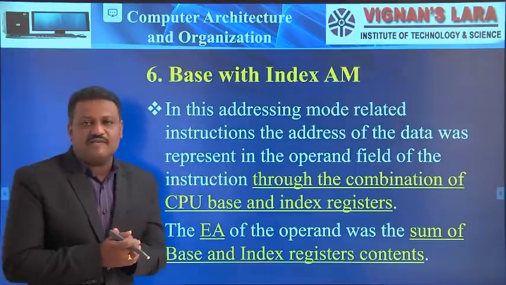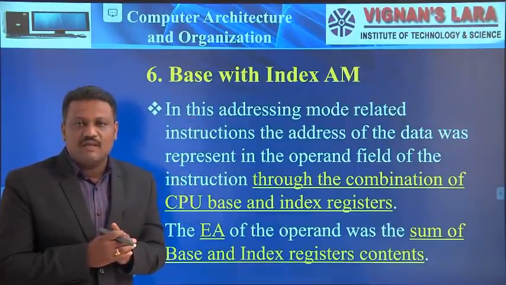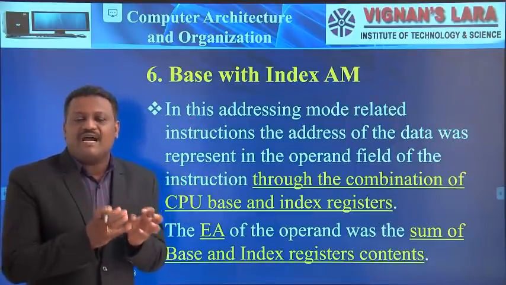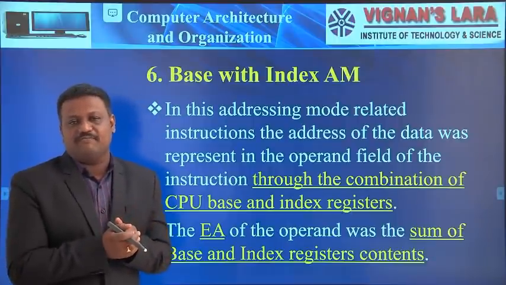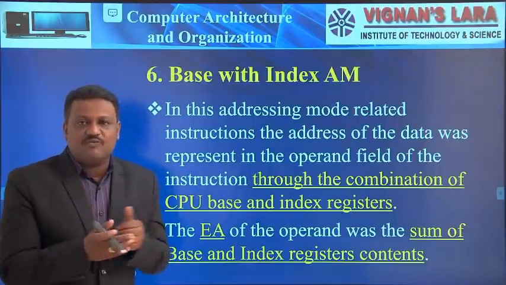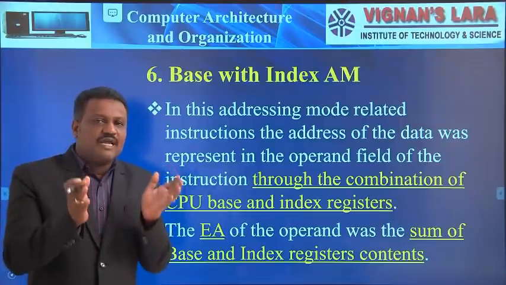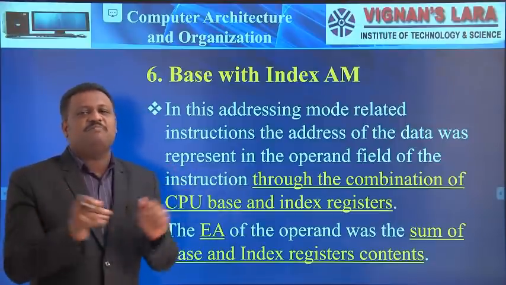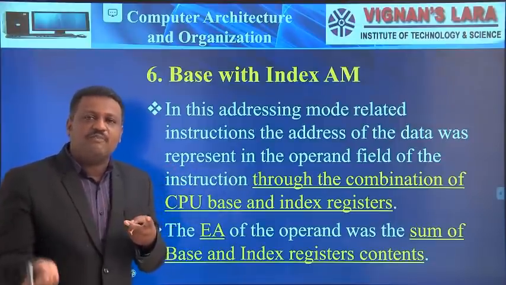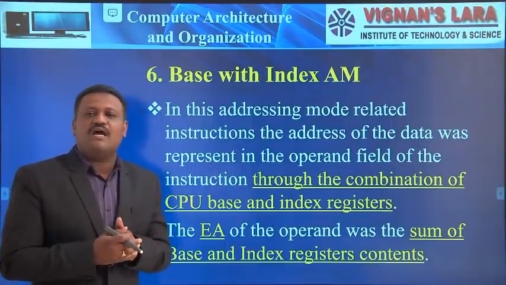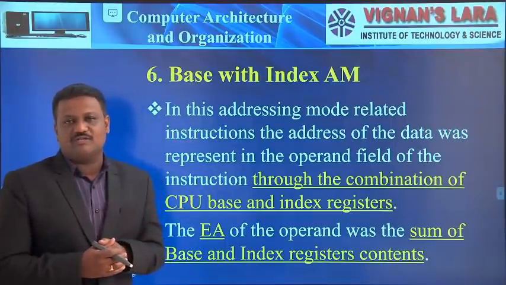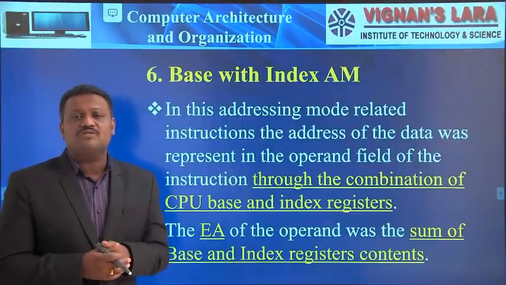But in this case, we don't write the address of the data directly in the instruction itself. Instead, whatever my data address is can be split into two halves. One half is held in a base register and the other half in an index register. Both are again CPU registers.